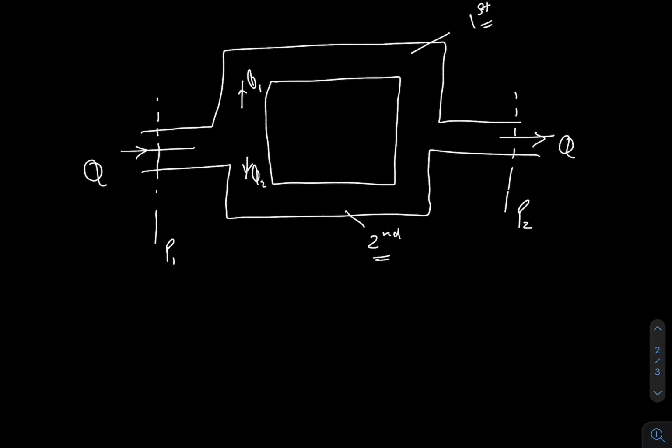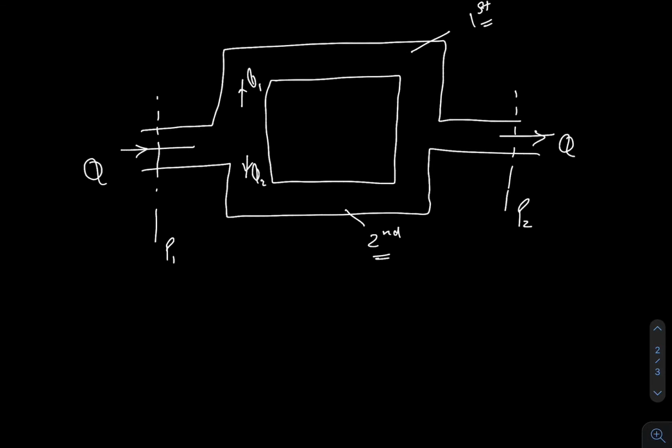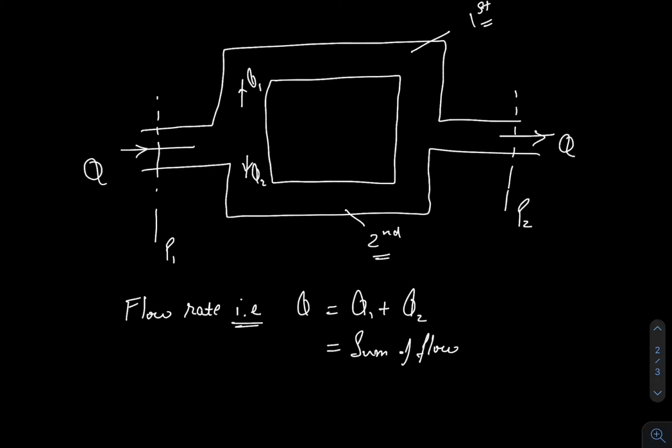So how do we do the calculations in a parallel combination? Here my flow rate Q is equal to Q1 plus Q2, the sum of the flow rates in each pipeline.